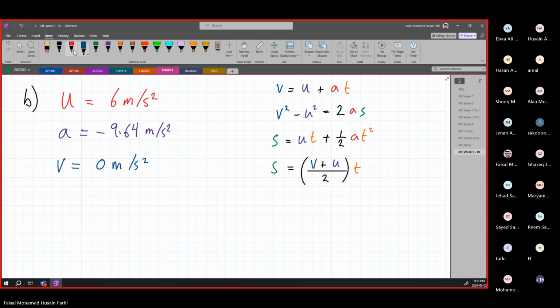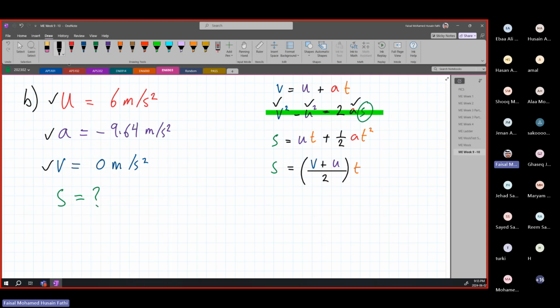We have acceleration. So something with acceleration. Unfortunately, here I swapped the colors, but it's fine. This is our acceleration, our u, which is here, and our v, which is here. And what are we trying to find? The distance covered, so our s, which is right here. So we're going to be using this equation over here to find our s value.